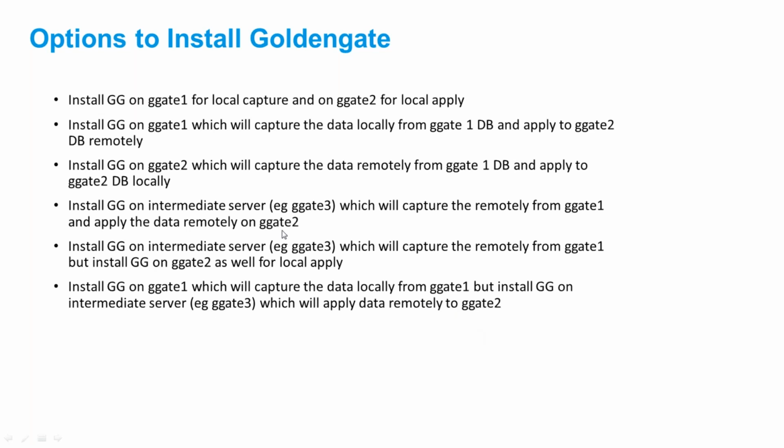So you have different options available. In the sixth option, you are installing Golden Gate on ggate1 for local capture, but for remote apply you're not utilizing ggate1, you are utilizing another intermediate server, which will apply data to ggate2.